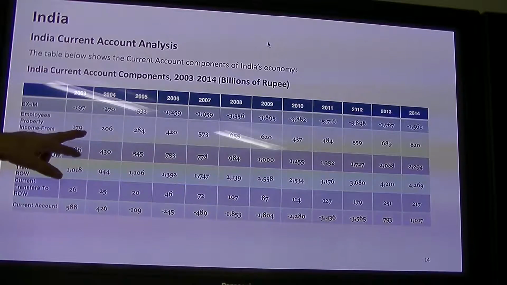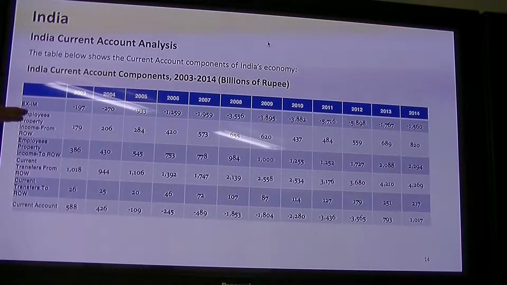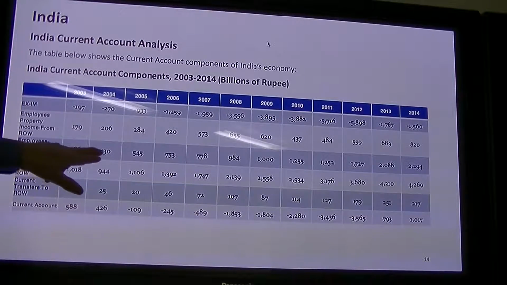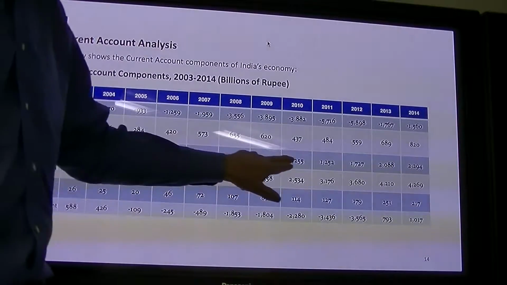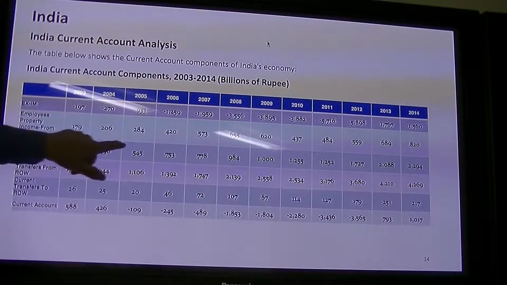This shows you why I think it's important to separate out the flow from the rest of the world to the rest of the world. Here, you can see this quite steady, rapid growth in income to the rest of the world.